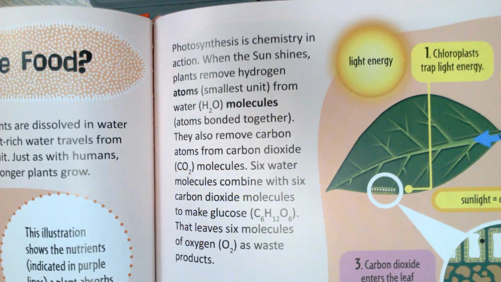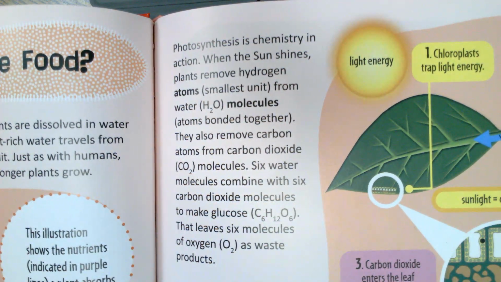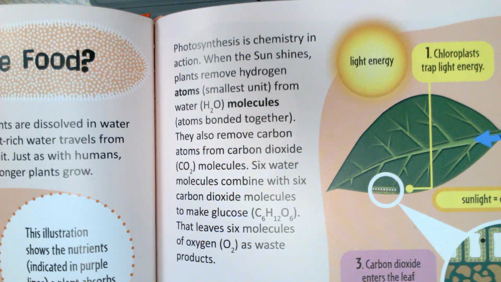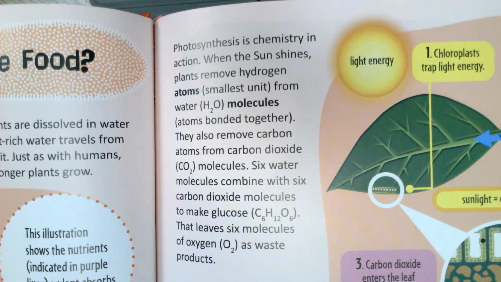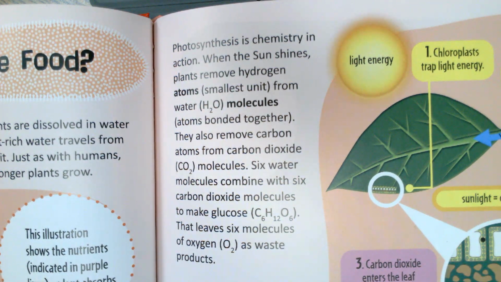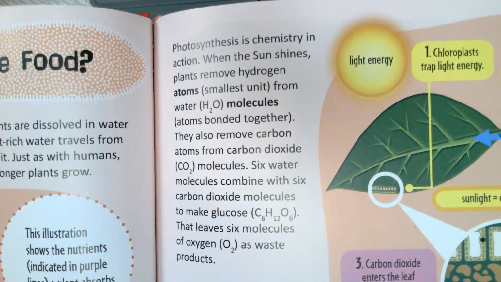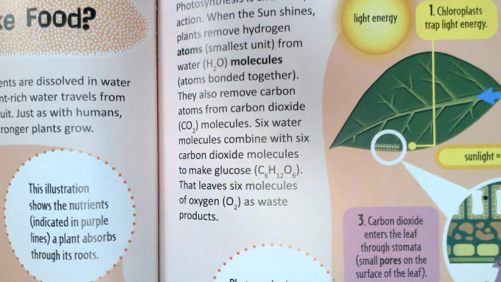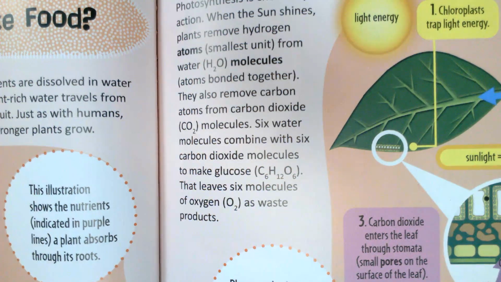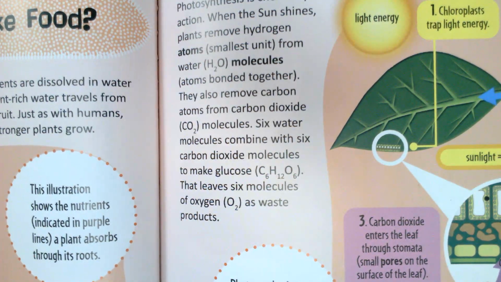They also remove carbon atoms from carbon dioxide, CO2 molecules. 6 water molecules combine with 6 carbon dioxide molecules to make glucose, C6H12O6. That leaves 6 molecules of oxygen, O2, as waste products.